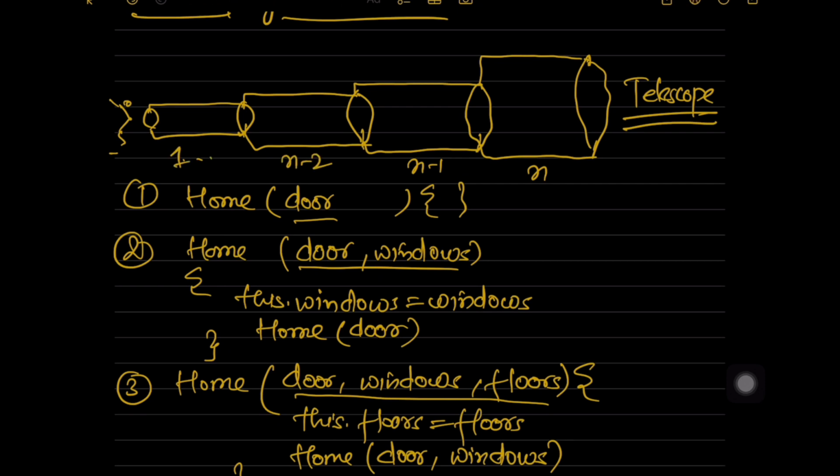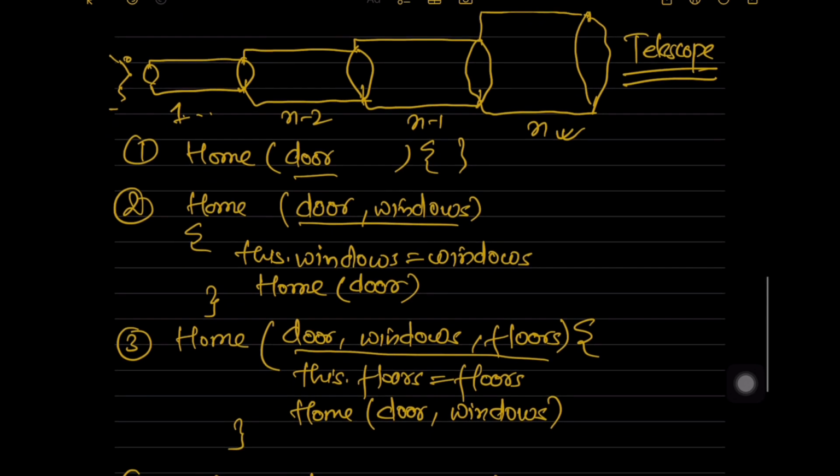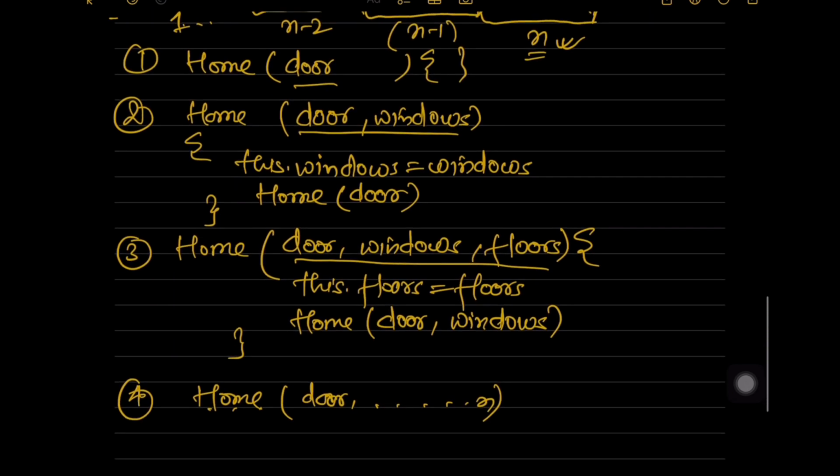This is what the telescoping constructor is. The biggest constructor, with the largest number of arguments, will be at the end, and the number of arguments goes on decreasing. A constructor with fewer arguments calls a constructor with a higher number of arguments. This is the telescoping constructor.